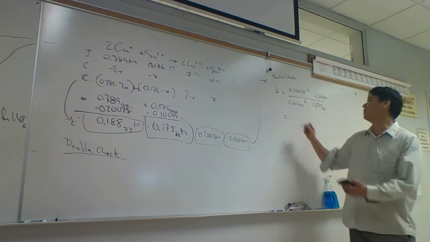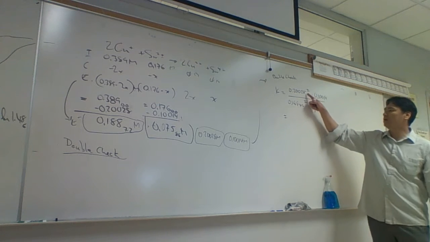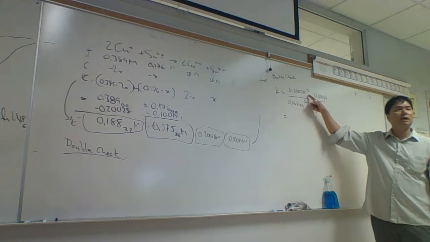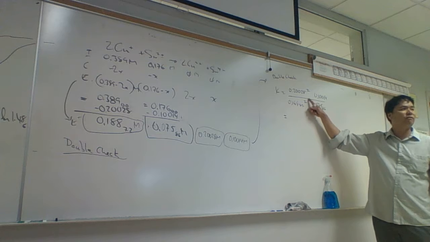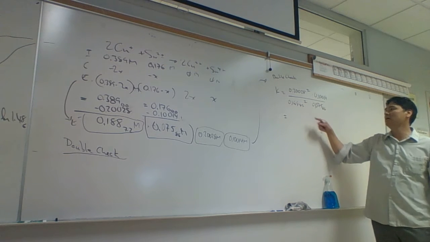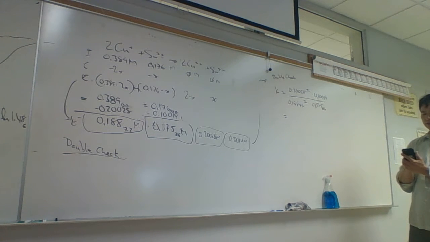And so anyway, let's see what our K value comes out to. This product to reactant ratio should be 1.486. Let's see what it comes out to. Hopefully I didn't make a serious error.